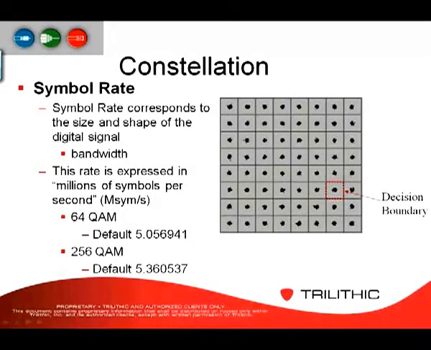Now there's what's called symbol rate. You'll see that when you look at your digital meter or your digital analyzer. The symbol rate corresponds to the size and shape, or the bandwidth, of the digital signal. The rate itself is expressed in millions of symbols per second.